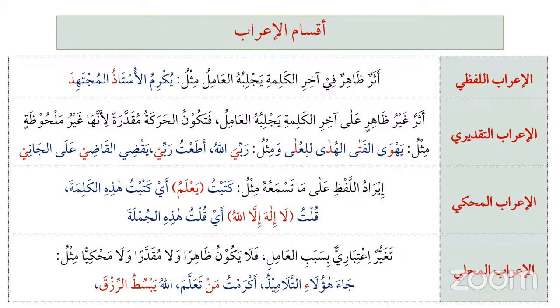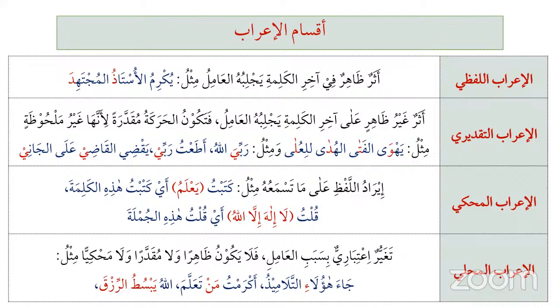There's not taqdeeri. We can't even assume that there's a big dhamma there behind the scene. It's not even mahki. We're not even bringing a narration from somewhere and using it hikayatan. No, we're actually saying that that sentence as a whole finds itself to be in the position of khabar. Hence, it's fi mahalli raf.